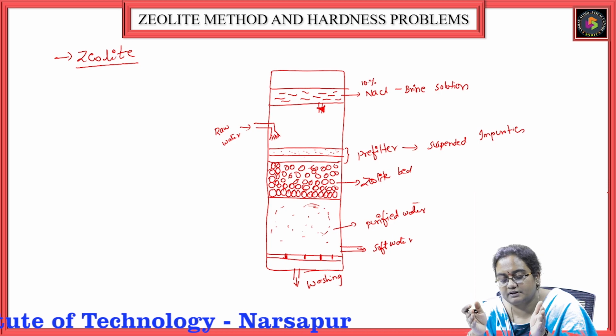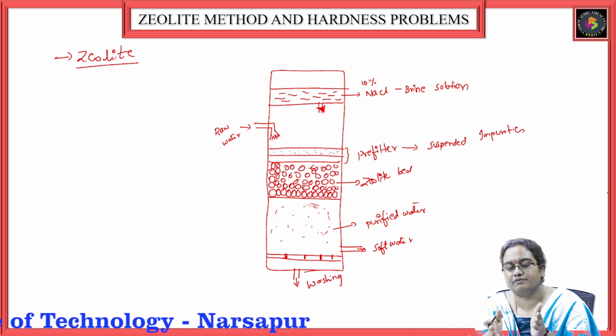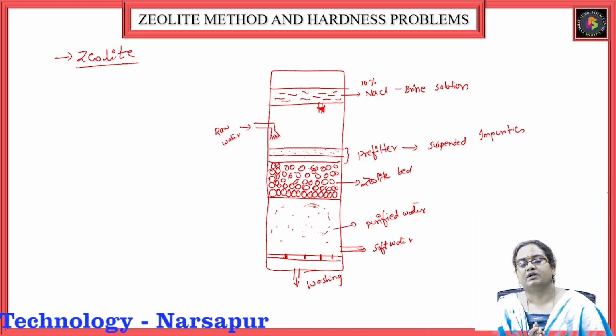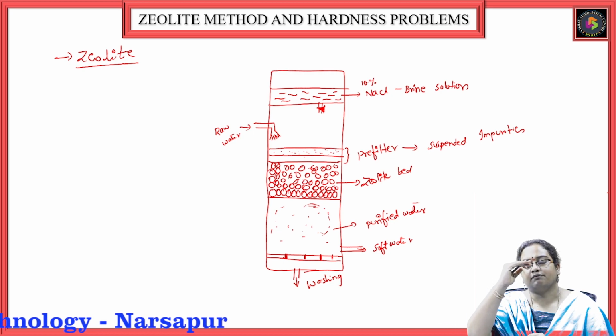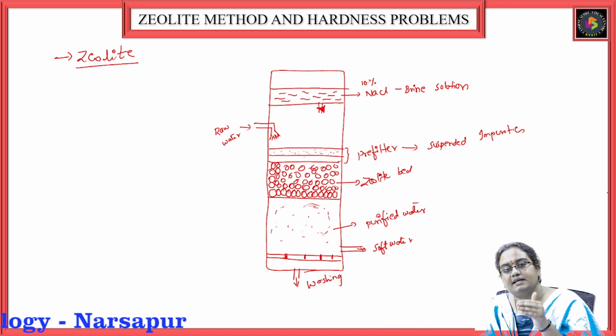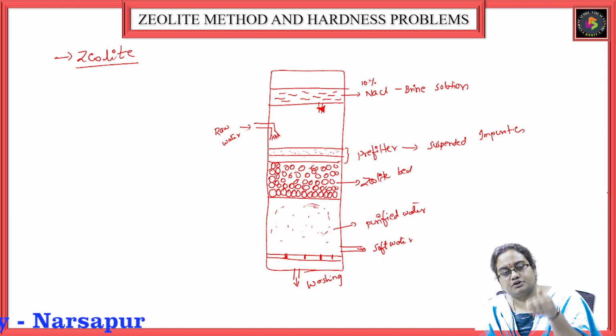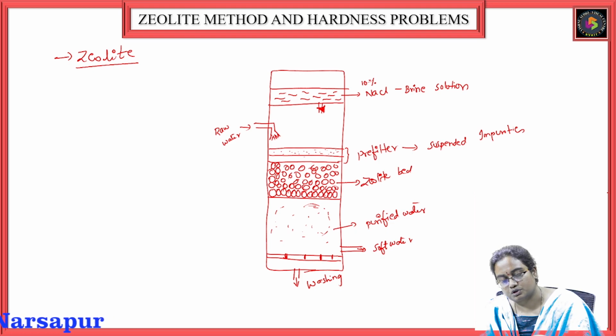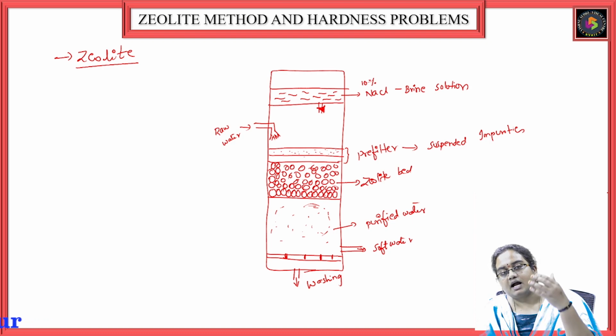In the zeolite method, what does it consist of? It consists of only a single chamber having different layers. The first layer is your brine solution, and next to it is an inlet to send the raw water. Next is the pre-filters to remove suspended impurities, and later the zeolite bed for purification.